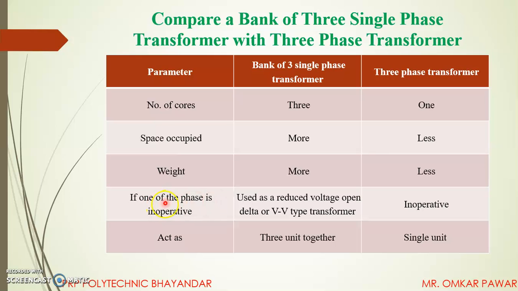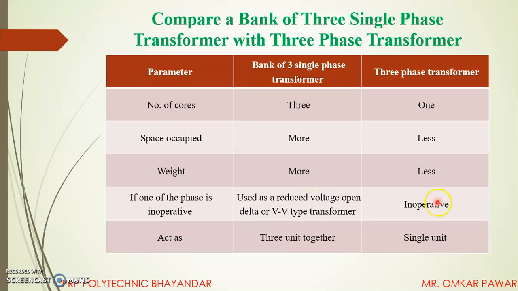If one of the phases is inoperative, by some means or by any fault, in a bank of three single-phase transformers, it can still be used at reduced voltage, which we call an open delta or V-V delta transformer.